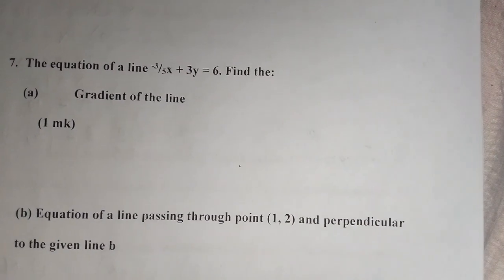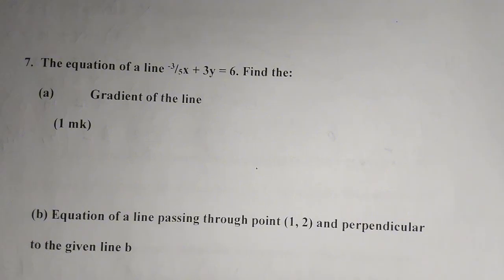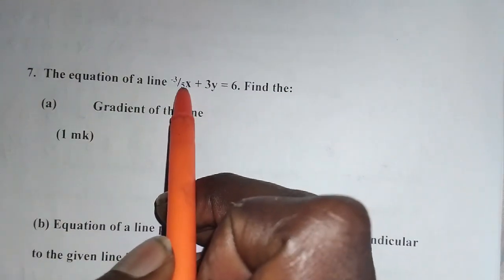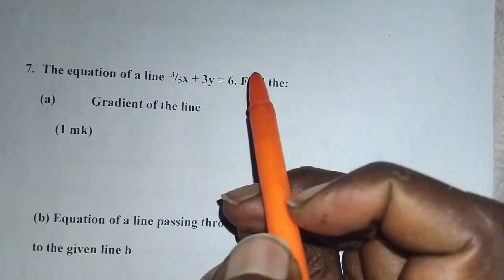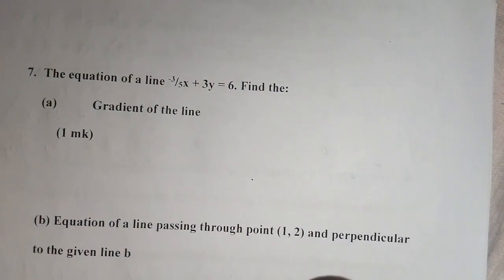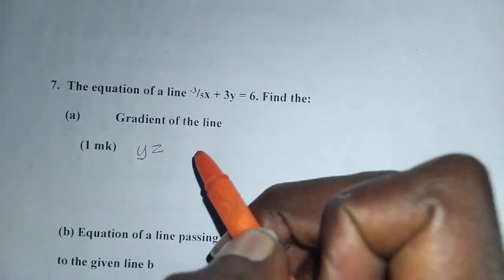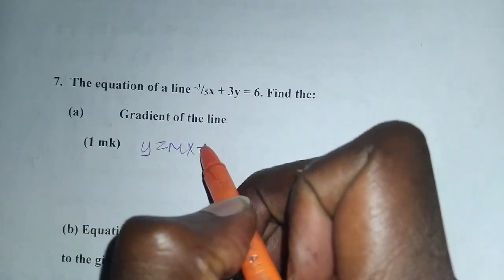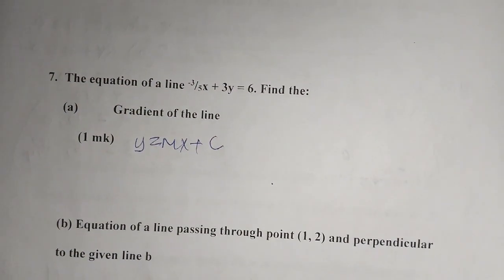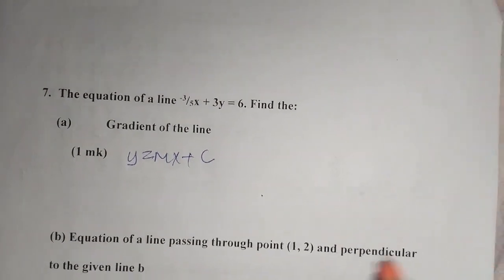7. The equation of a line is negative 3 over 5 x plus y is equals to 6. Find the gradient of the line. So to find the gradient, we need to express our line in the form of y is equals to mx plus c. So we shall rearrange.